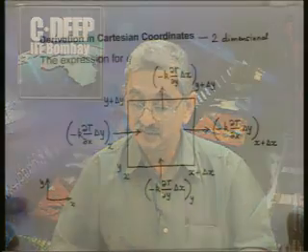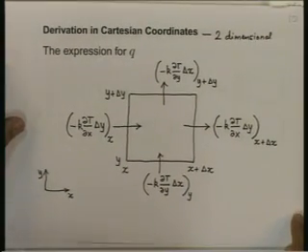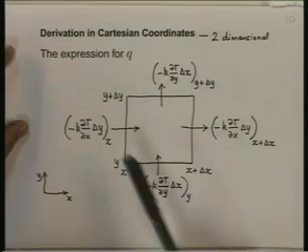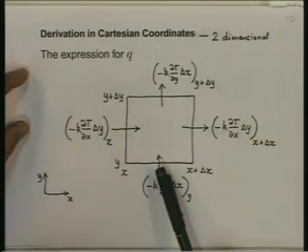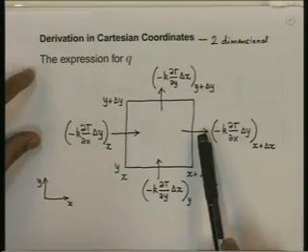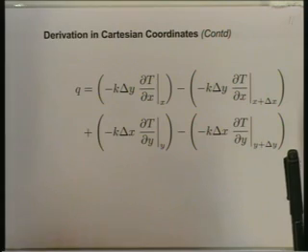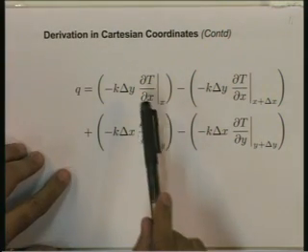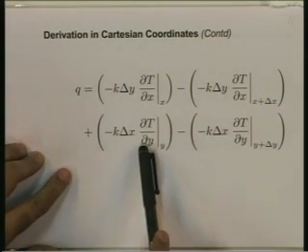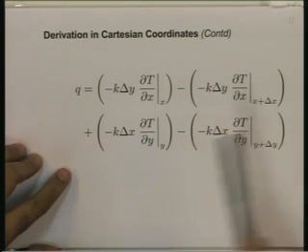Notice that the 4 terms shown in the previous figure are all represented here, but since Q is inflow, these 2 terms will contribute positively. These 2 terms would effectively be subtracted because the arrows move out of the control volume. So we have the 2 inflow terms and the 2 outflow terms with a negative sign.